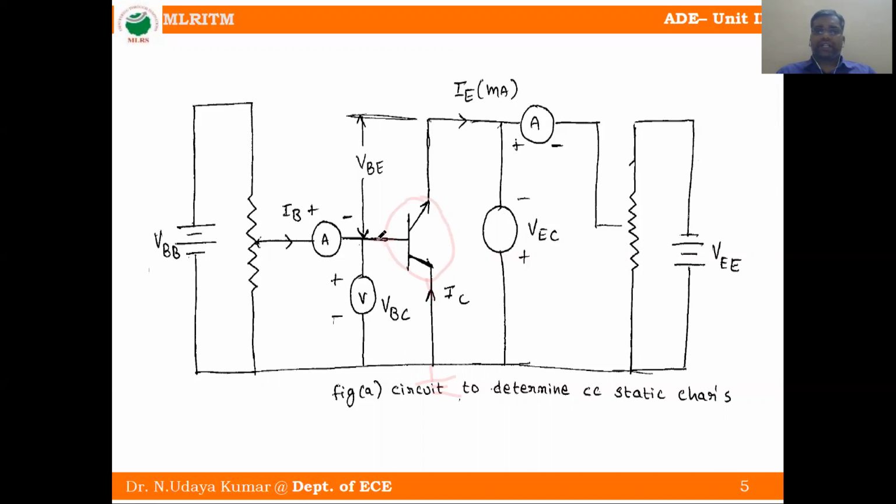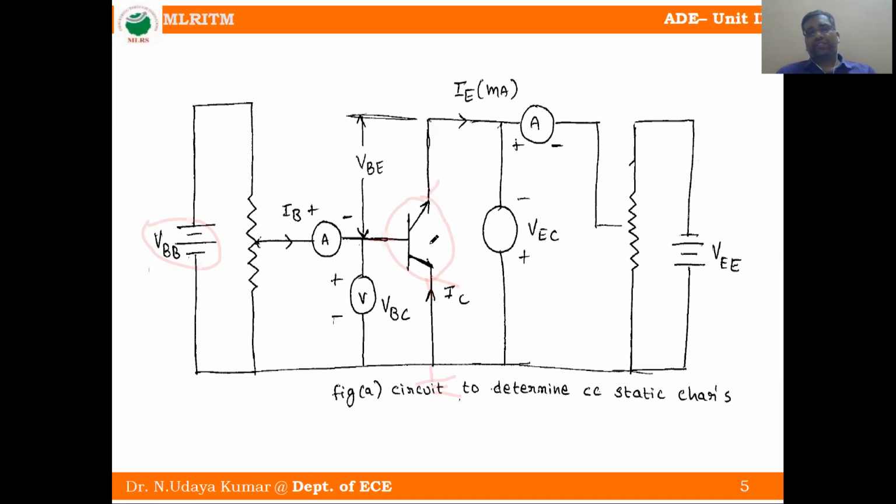Also there is a base current, which we measure using an ammeter, and the input side voltage using a voltmeter. This resistance at the base terminal we call RB, the base resistance. This is the battery or input. Now the output side has the emitter terminal and the collector terminal.